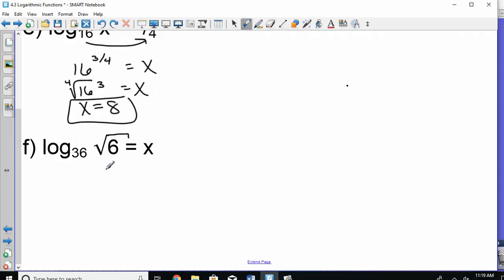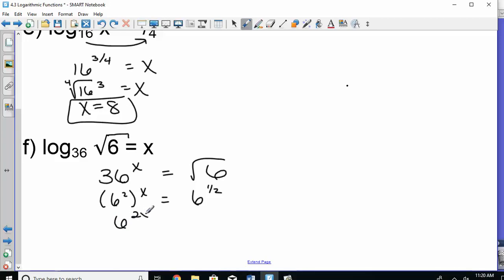Last one. So this would be 36 to the x power equals the square root of 6. So these are like the problems we were solving last week. What do I need to do? Common base. So 36, I could change that to 6 squared. A square root is like what power?